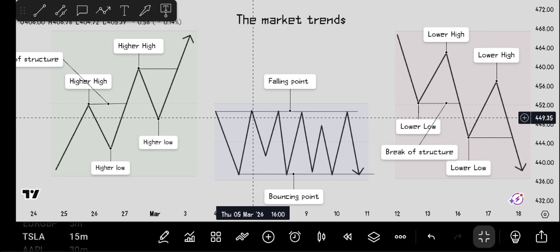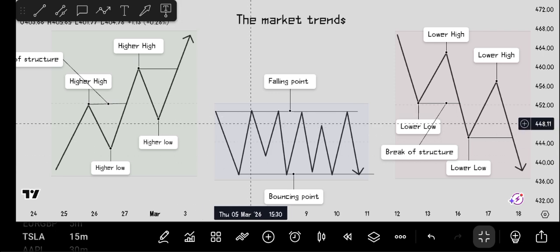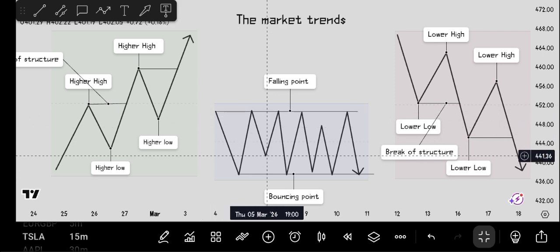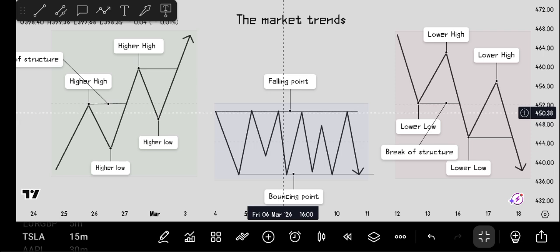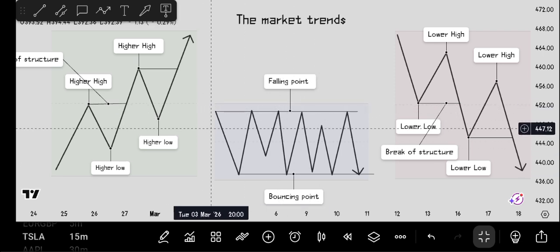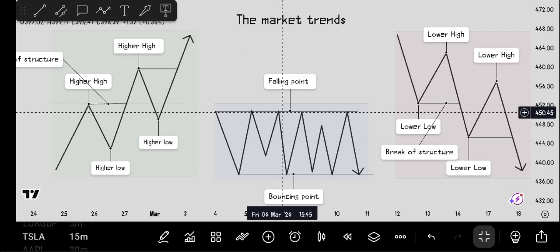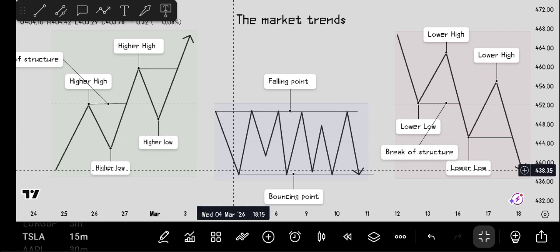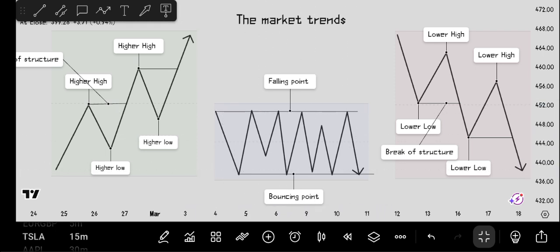So we have the price will come down, it will bounce off, then it will fall again, bounce off again, fall again, bounce off, fall again, bounce off. So it's actually not going above this range or below this range. It's just stuck going up and down.